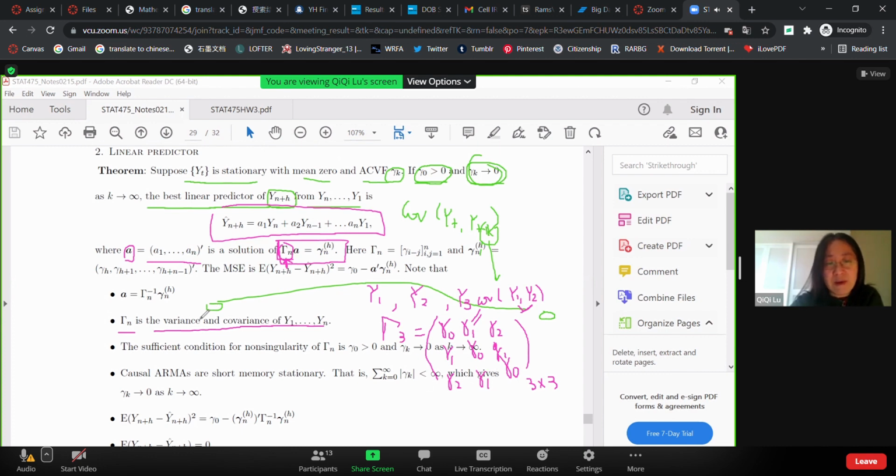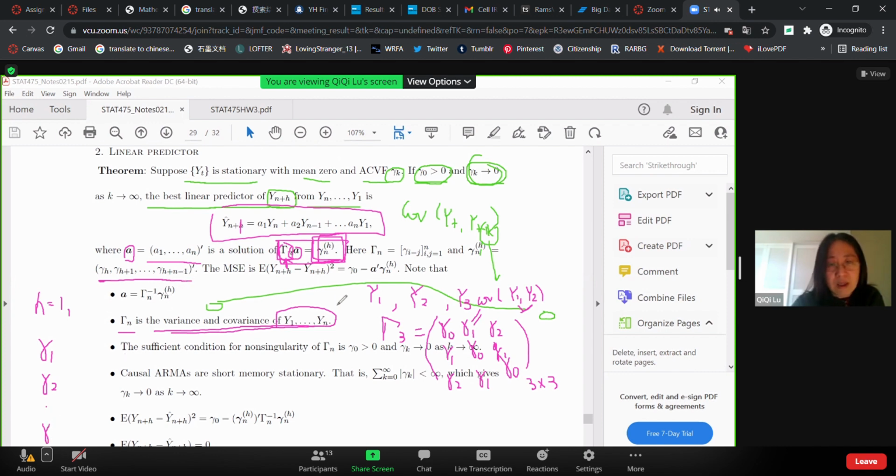So gamma n is the variance covariance matrix of Y1 to Yn, and then A is the coefficient. And this one here is the vector of autocovariances. You start from gamma h here. If you want to do a one step ahead forecast, h equals 1, and this ACVF vector has gamma 1, gamma 2, up to gamma n minus 1.